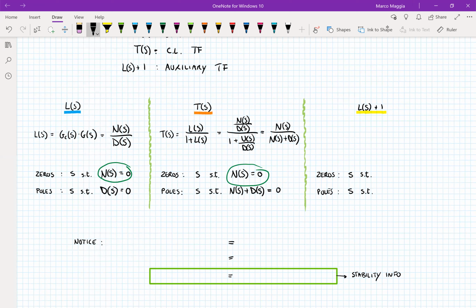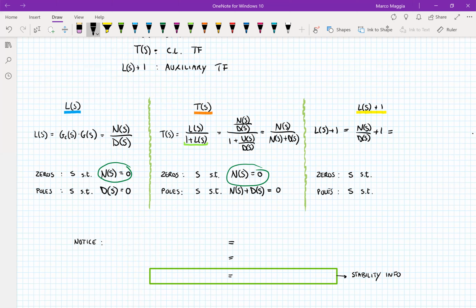Anyway, now let's take a look at the third transfer function, that is the auxiliary transfer function, L of S plus 1, which you might already see is the denominator of the closed loop transfer function. So L of S plus 1 is N over D plus 1.